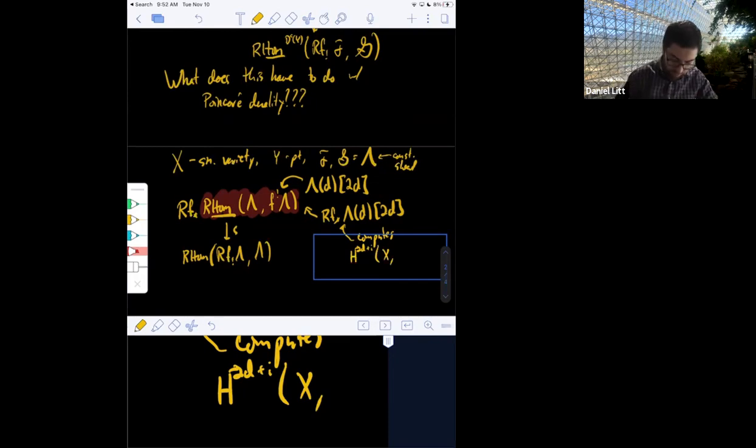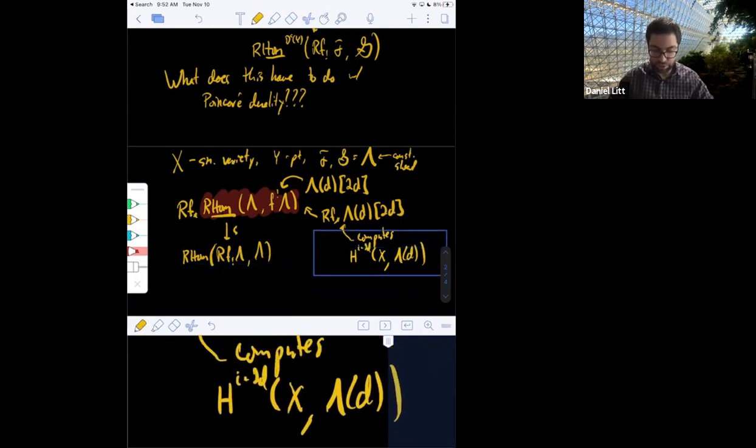It computes H I plus 2D of X with coefficients in lambda of D. So this is cohomology in negative degrees, and its cohomology runs from H minus 2D to H0.